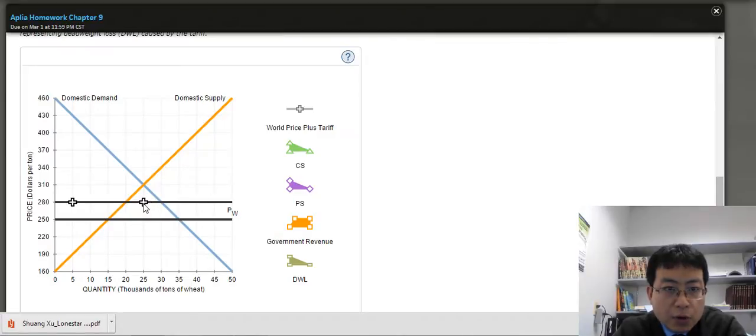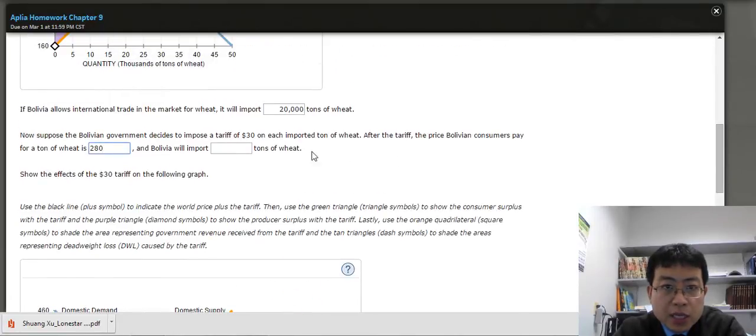At this price, our demand will be this right here. So demand is about 30,000 tons of wheat, and then supply is this point right here, about 20,000 tons of wheat. So we're going to import about 10,000 tons of wheat.